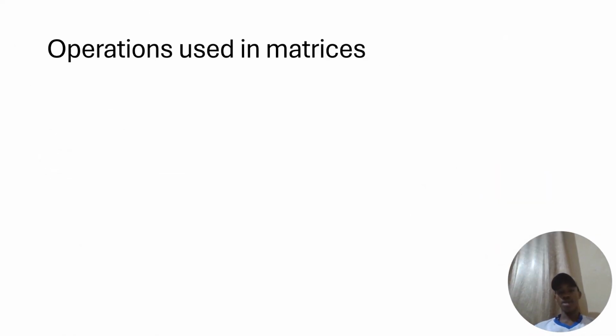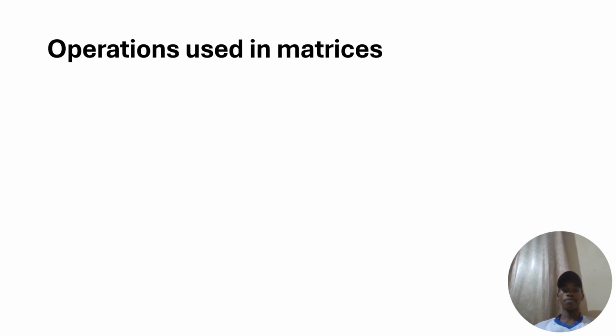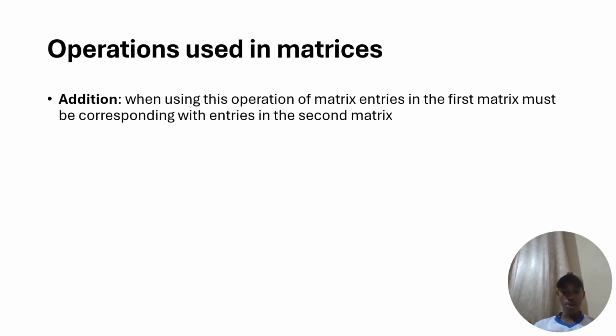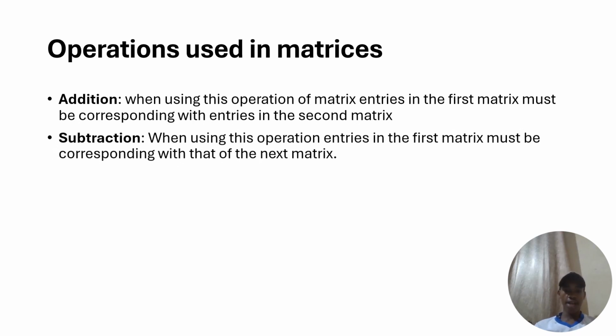When we proceed, we are going to see the operations used in matrices. Here we are having addition. When using this operation, entries in the first matrix must correspond with entries in the second matrix. We are also having subtraction as an operation in matrices. Subtraction is like addition, because all the entries in the first matrix must correspond with the entries in the second matrix.